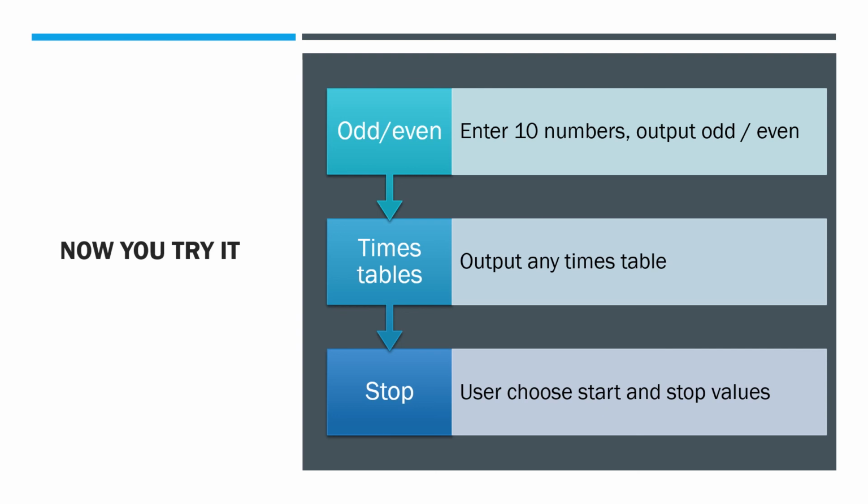So if you say the 11 times table, it will print out the 11 times table. And adapt that program, if you have time, so that you choose the start and stop values for that times table. For example, you might want to begin at 11 times 20 and finish at 11 times 30.